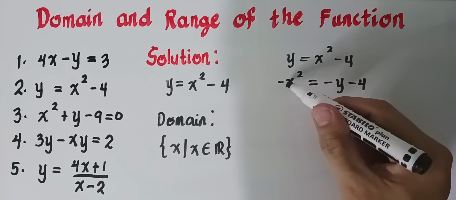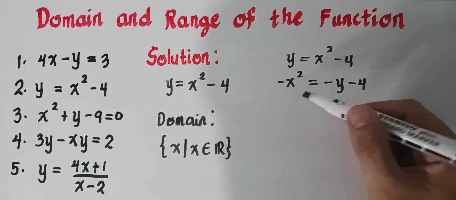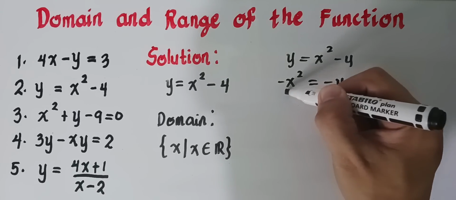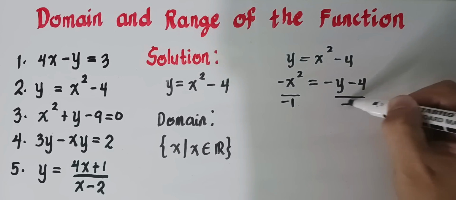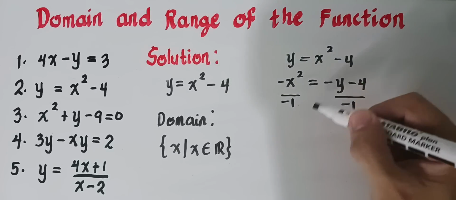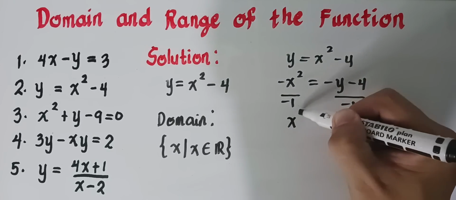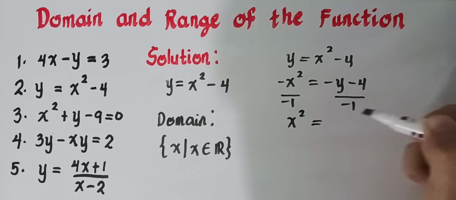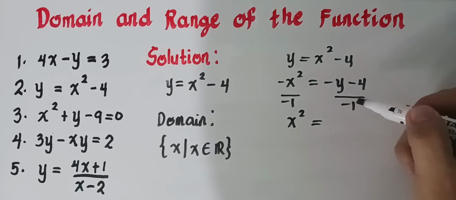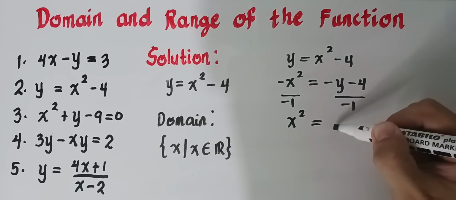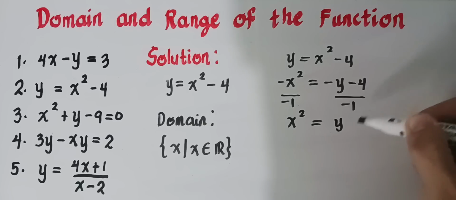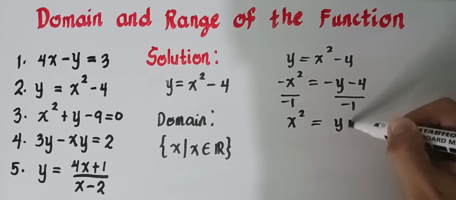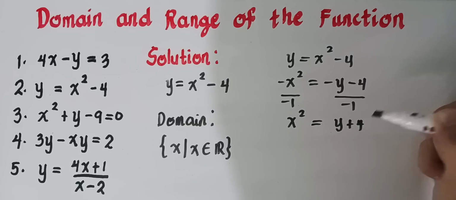So para mawala yung negative sign, pwede tayo mag-divide or mag-multiply by negative 1. Okay, so in this case, gusto ko mag-divide ng negative 1. So, ito ay magiging x squared is equal to, so magiging positive y plus 4, of course, no?